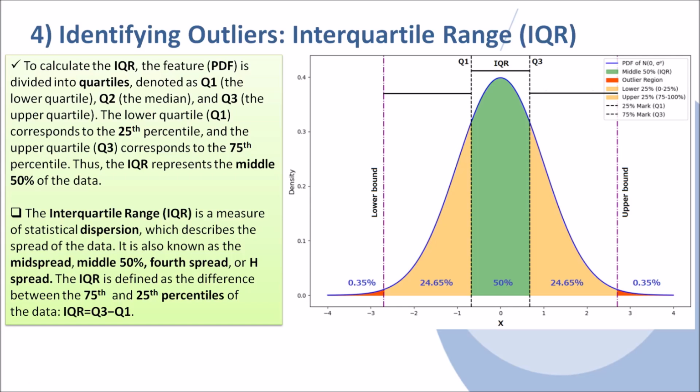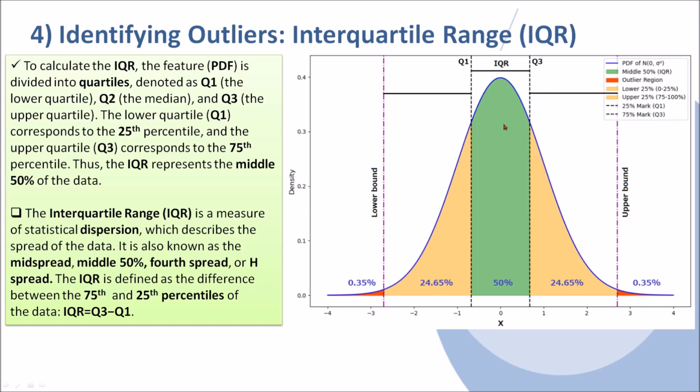It is also known as the mid-spread, or sometimes we call it the middle 50%, or the fourth spread, and sometimes the H-spread. But I prefer middle 50% because it's located in the middle and it occupies 50% of the whole data. Therefore, I call it middle 50%.